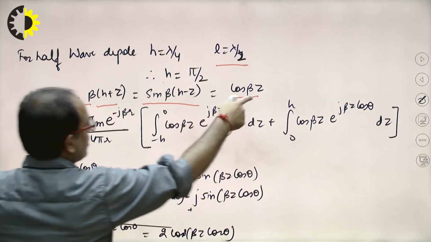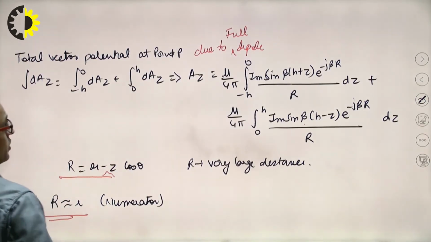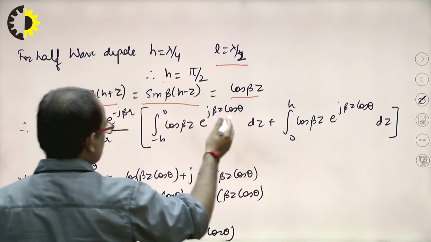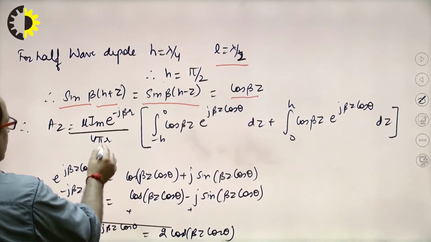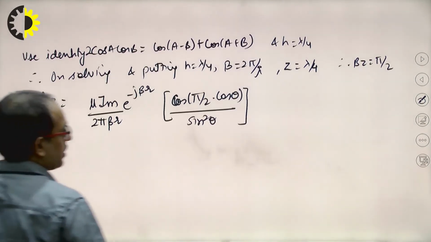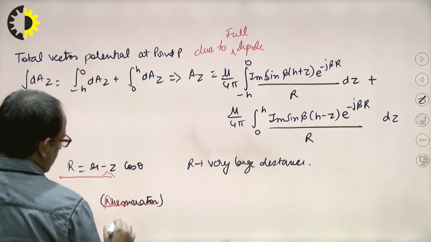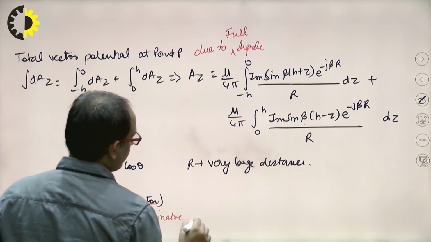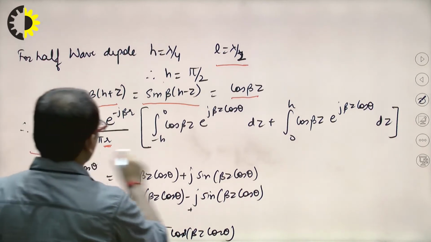So on putting this, cos beta z e to the power minus j beta z cos theta, divided by 4 pi r, because in the denominator this is the denominator. Clear? Now this one is the overall Az.